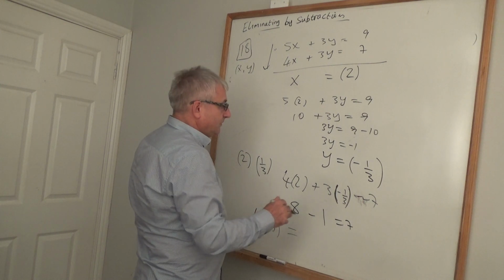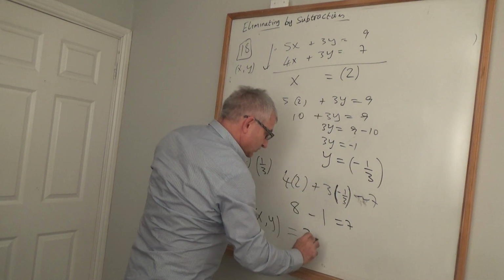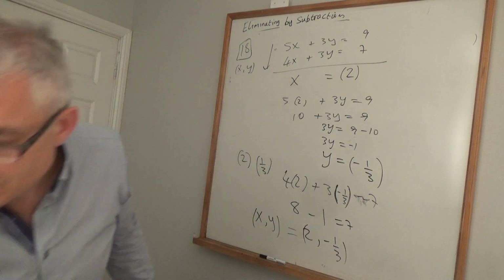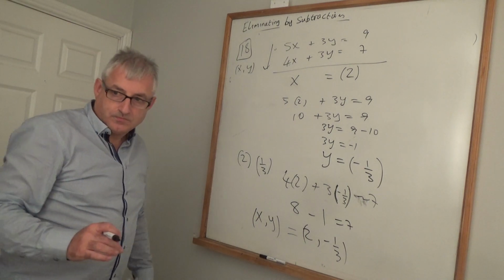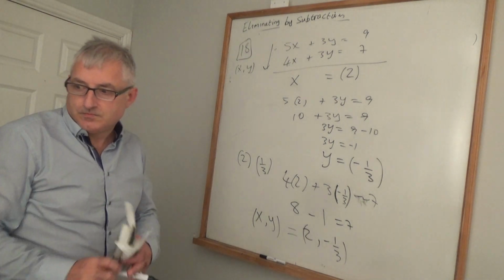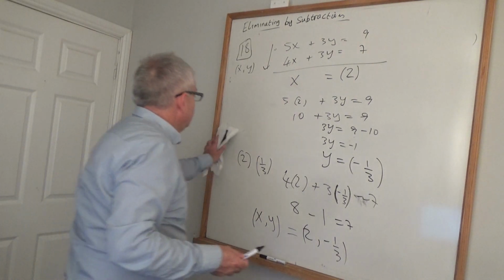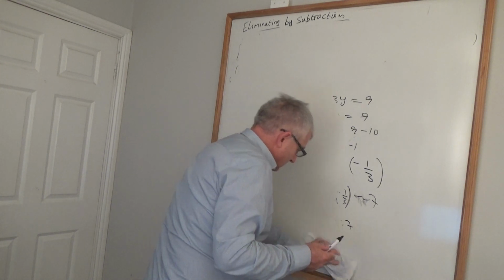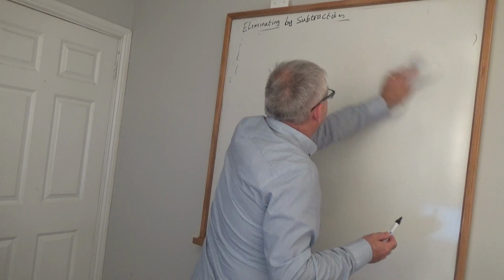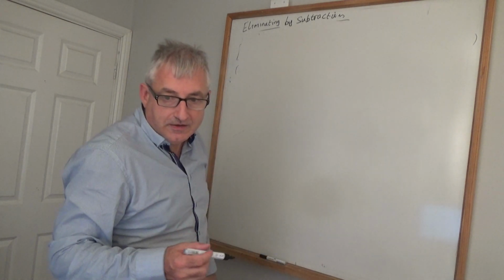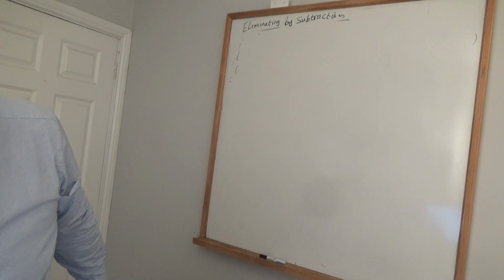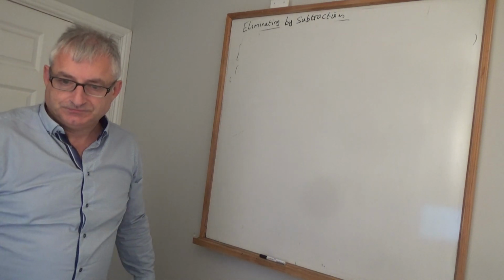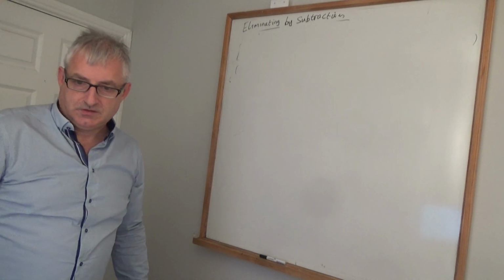Okay, so another story here. I have my y and I have my x: 2, -1/3. Now moving to part 3, the difference in part 3 is the negative terms will be cancelling in general, or are they mixed?